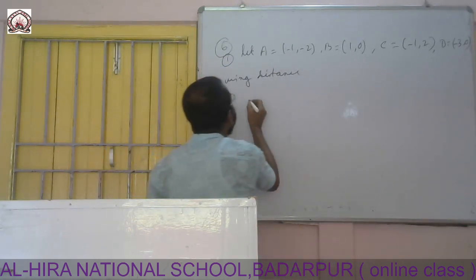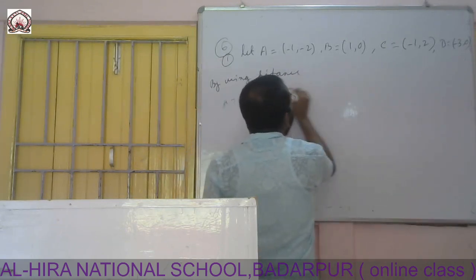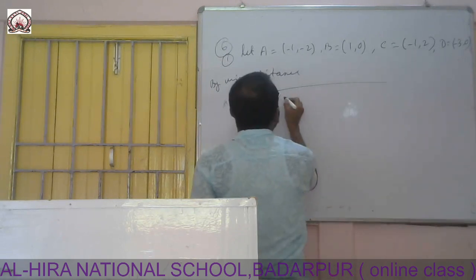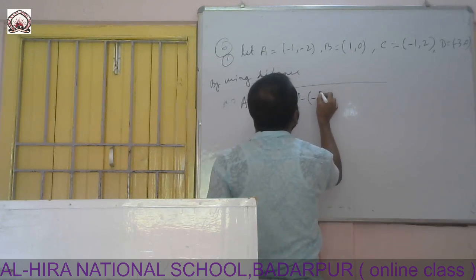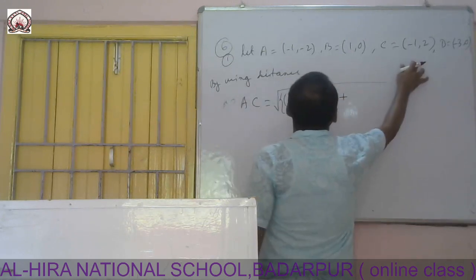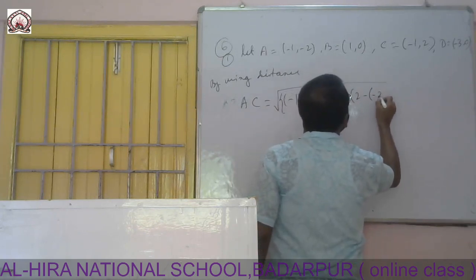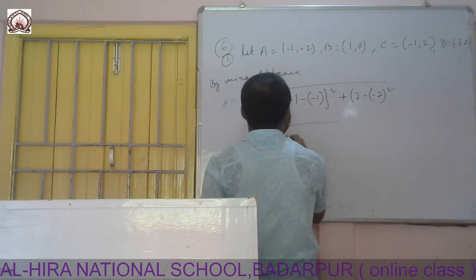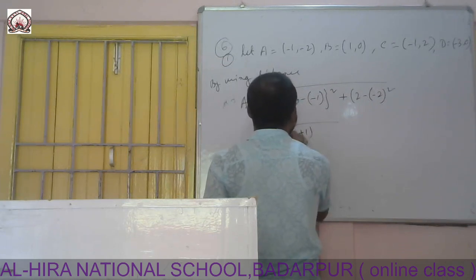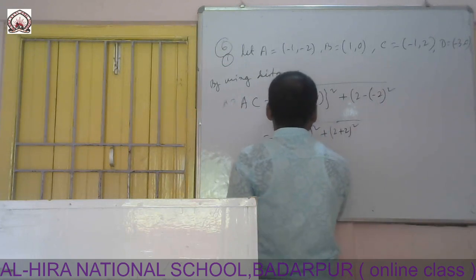Now AC is the square root of A and C. So this is minus 1, minus of minus 1 squared, then 2 minus of minus 2 whole squared.